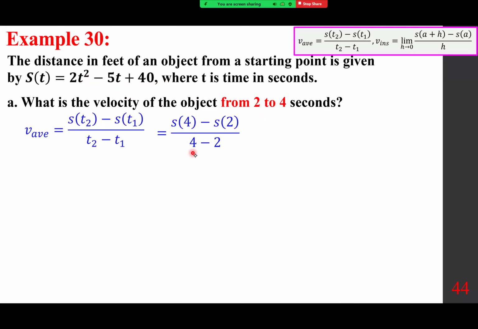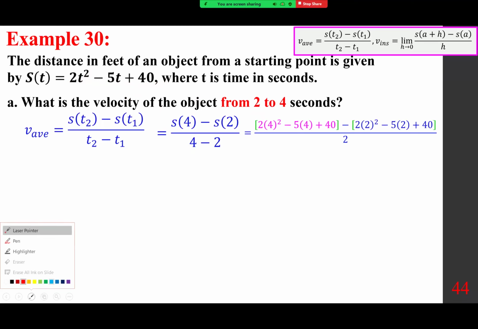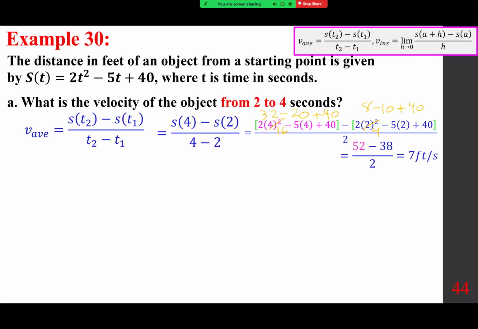The bottom is clearly 4 minus 2 or 2. 32 minus 20 plus 40 becomes 52. 8 minus 10, negative 2 plus 40, 38. So 52 minus 38, we get 7 feet per second.